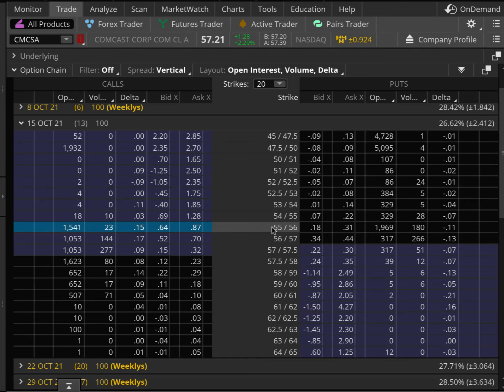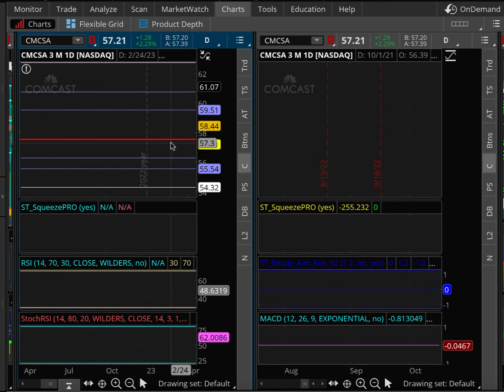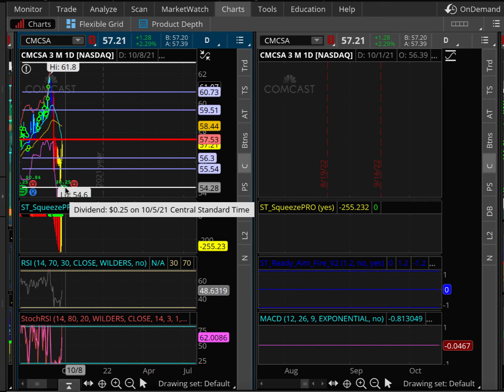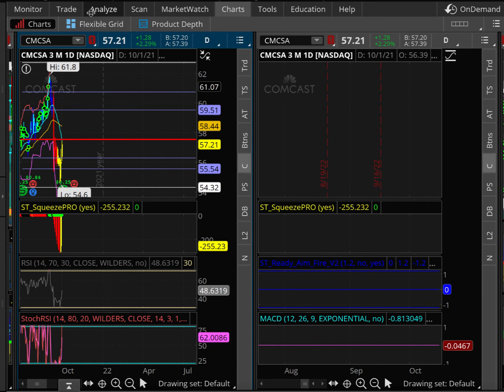A different way to trade that is to sell a credit spread, and it would profit by being above a certain number. Now, if you recall, our area of support was something like $54. So we would want the price to stay above $54.